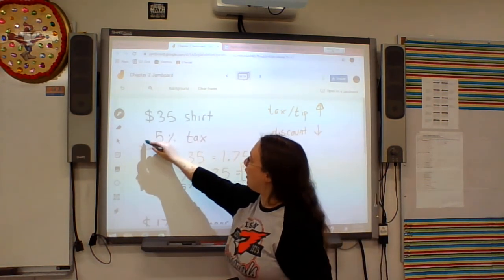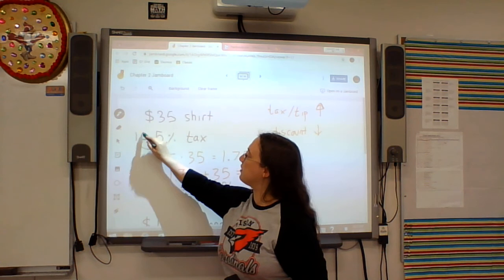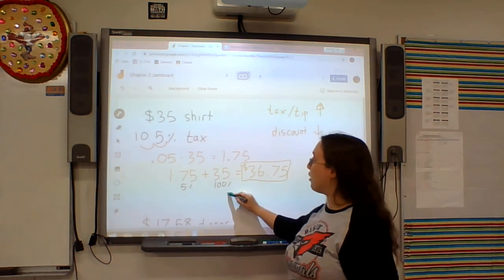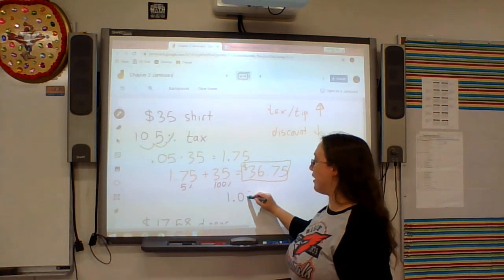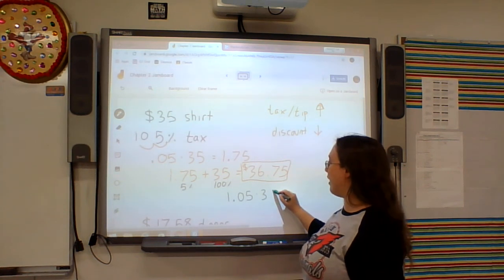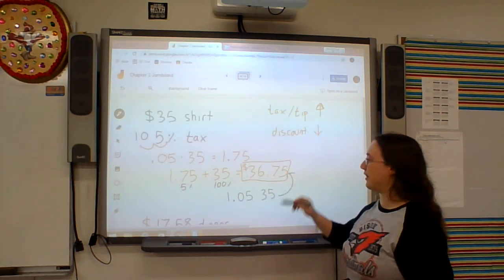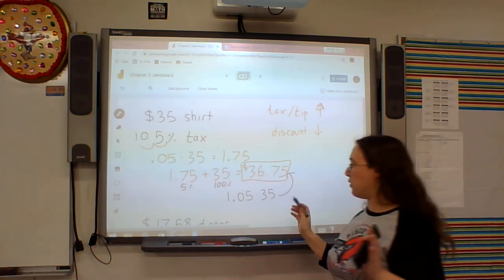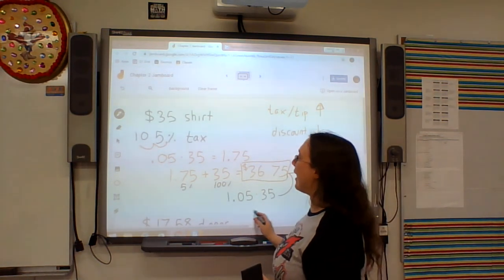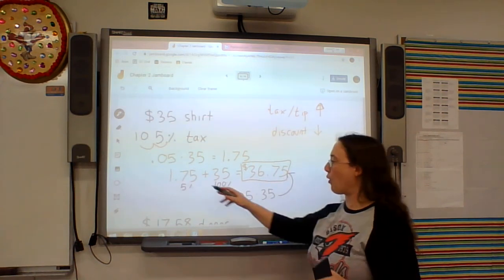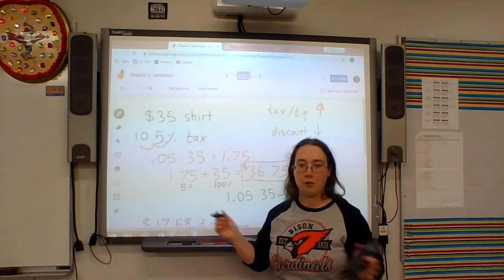So if we call this 105%, and we take 1.05 times your 35, that will get you right to this without that little in-between step. So you're really doing the same thing. It's just a matter of whether you're adding on that 5% here or whether you're finding it separately and adding it on there. Either one's fine.